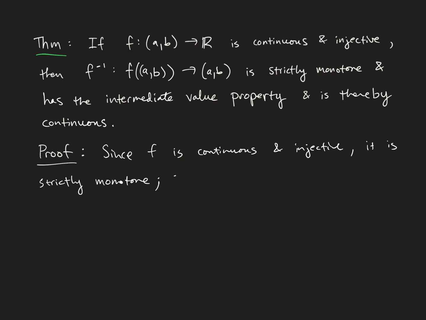And again, we'll say it's strictly increasing for definiteness, the other case being similar. So then we claim if your function itself is increasing, then the inverse is also increasing. So we claim that f inverse is strictly increasing.